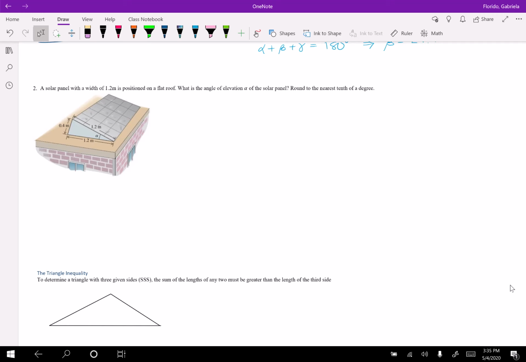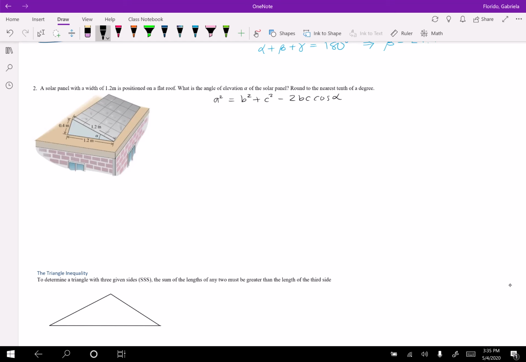Because we're looking for alpha, we're going to be using the first equation, which states a squared is equal to b squared plus c squared minus 2bc times cosine of alpha.